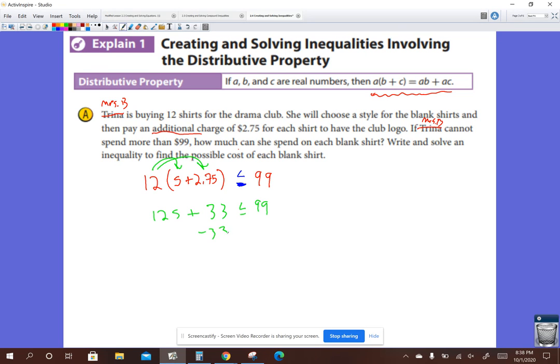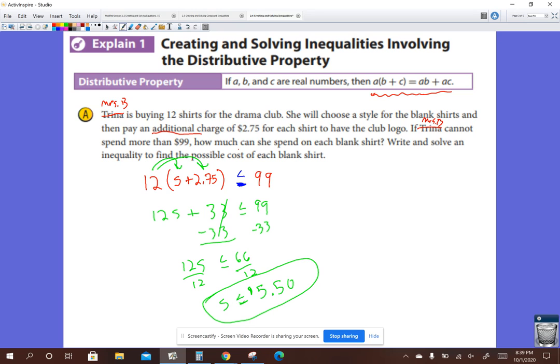I'm going to subtract, 12s is less than or equal to 66. And when I divide, s is less than or equal to, this is 5.5. So since this is money, the amount she can spend on each shirt is $5.50 or less.